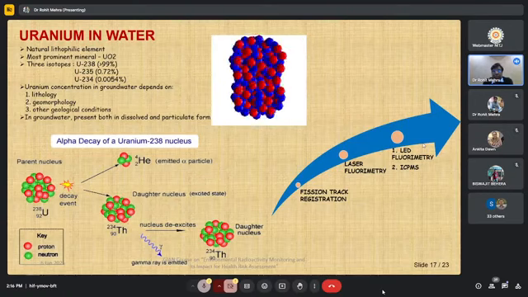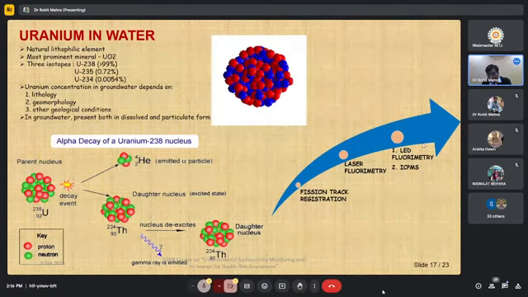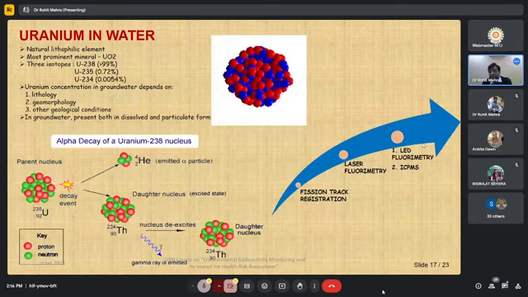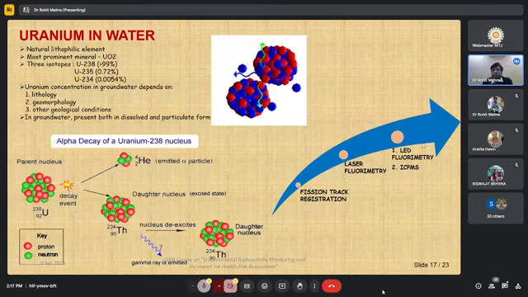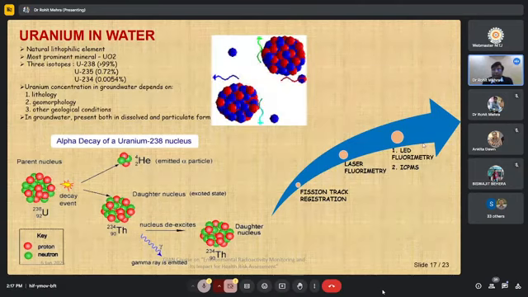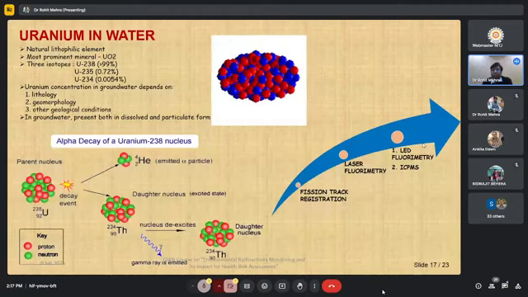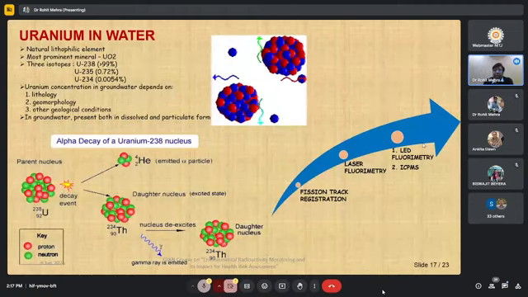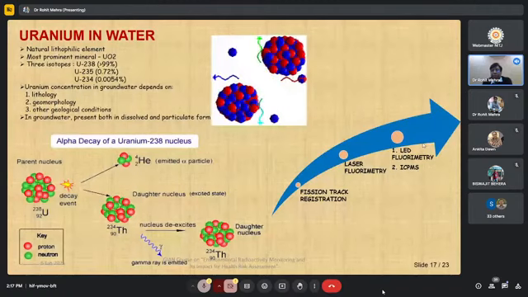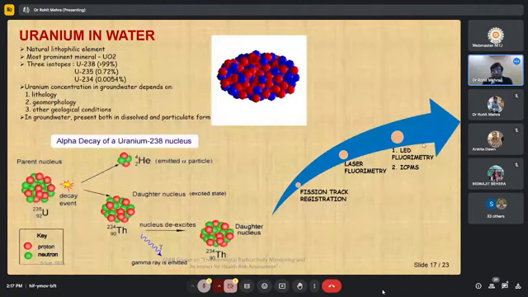And why it is important? Because suppose you are having a concentration of uranium in water, once you have collected some water samples, it is not possible, or you can't say that the source is the same from where you have collected. The reason is the hexavalent component of uranium, that is U6+, that is water soluble.